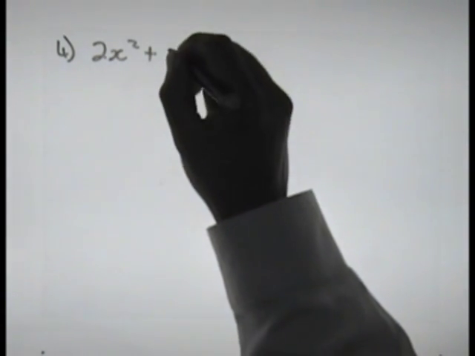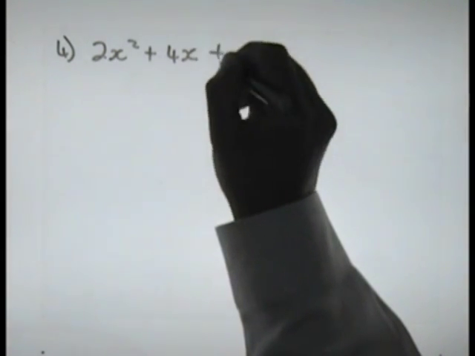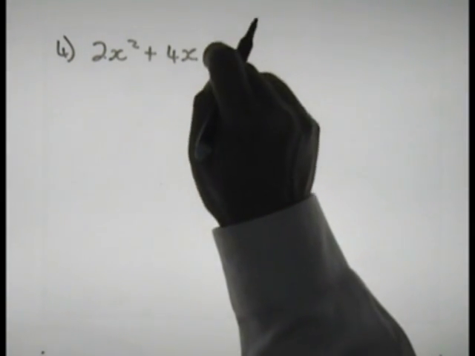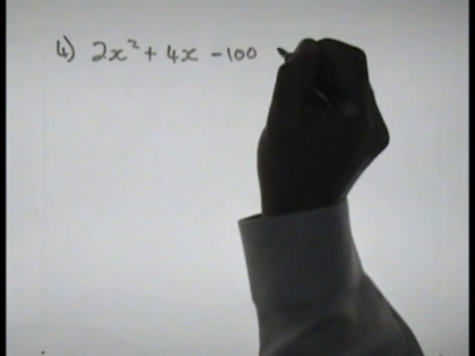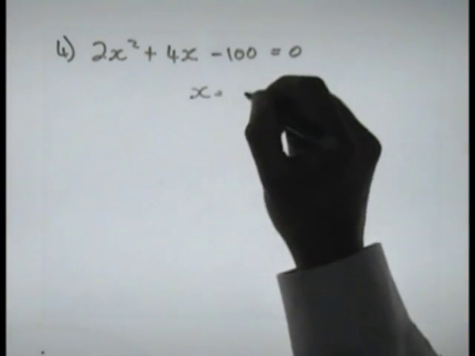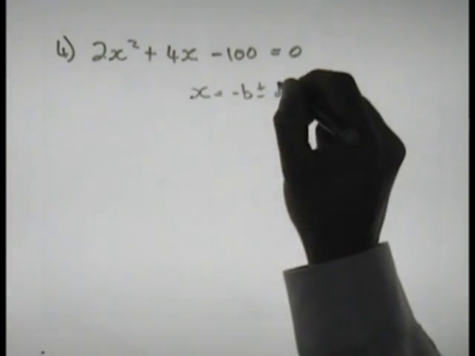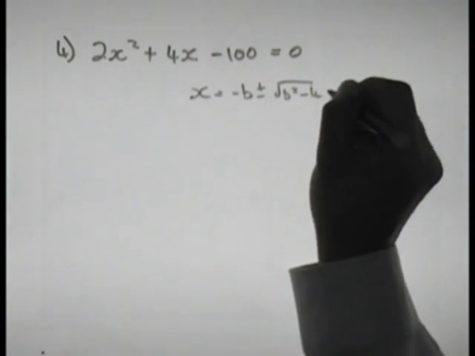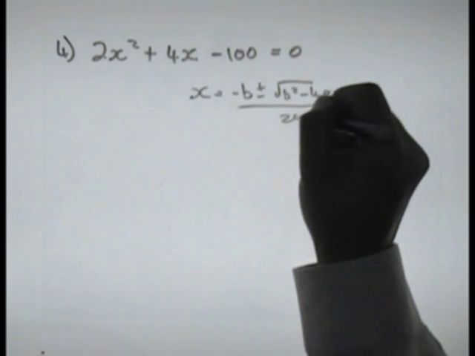The fourth one I gave you to do read 2x squared plus 4x minus 100 is equal to 0. Remember, we're using the formula x is equal to minus b plus or minus the square root of b squared minus 4ac over 2a.